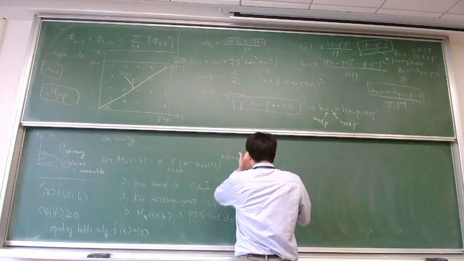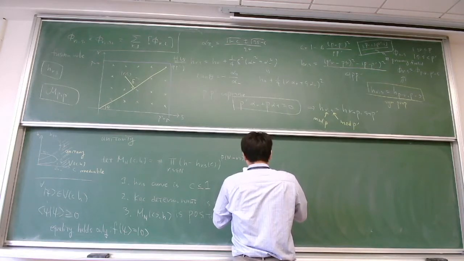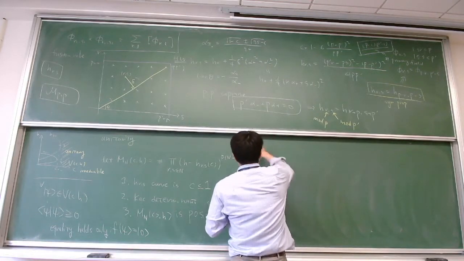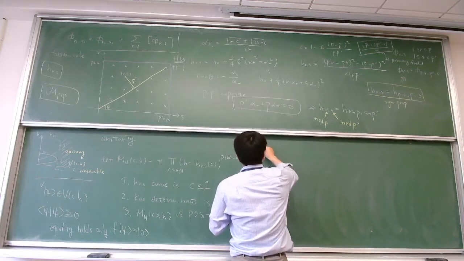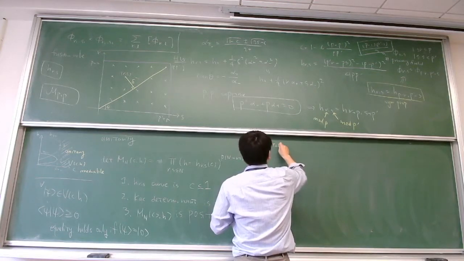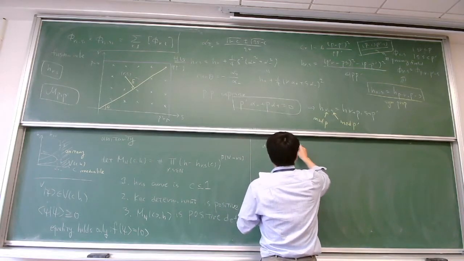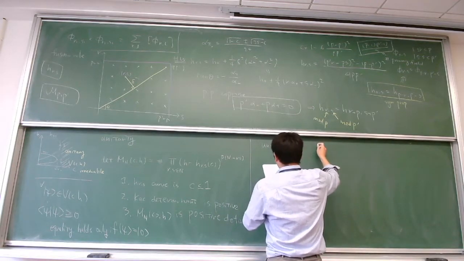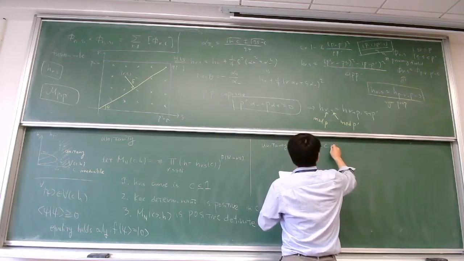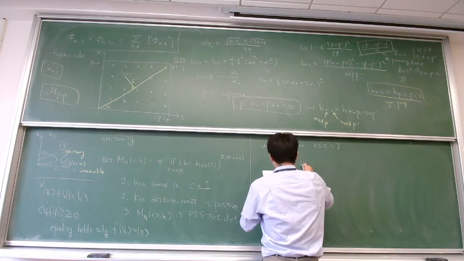I just give you the conclusion: the unitarity occurs for c less than 1.